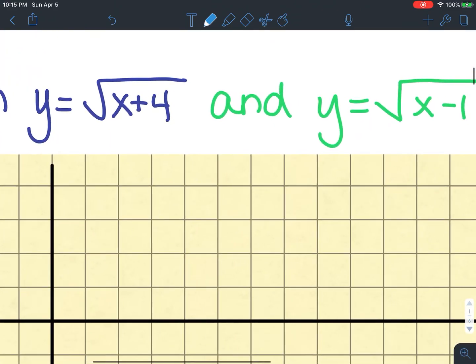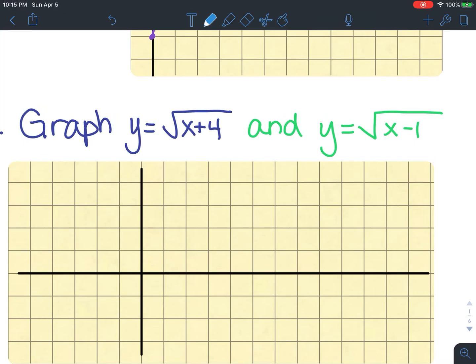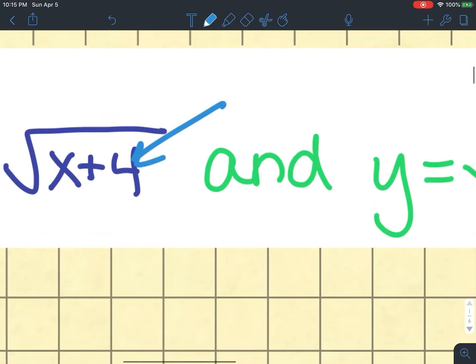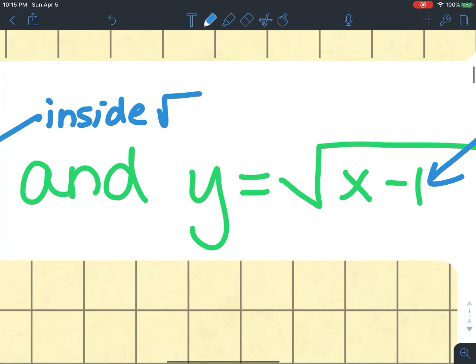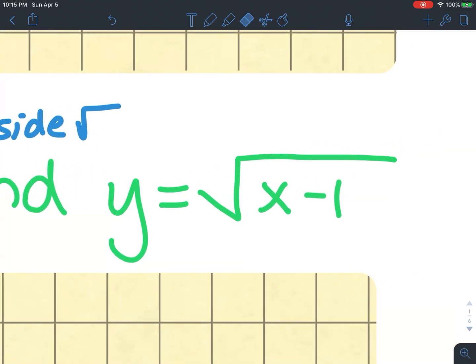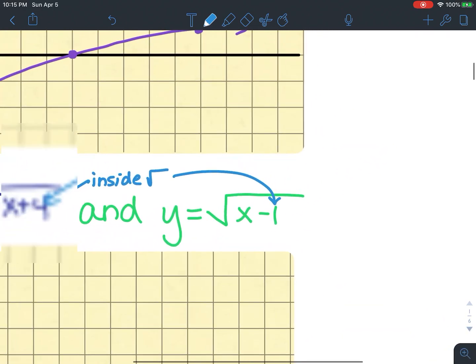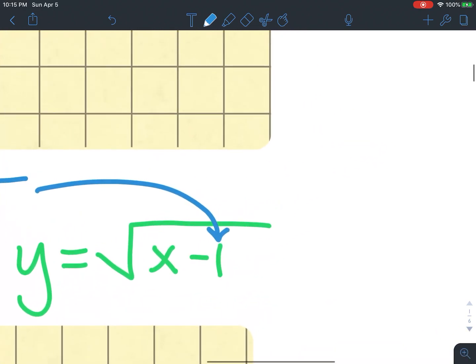Okay. When we come down to these next two, notice that these changes here are inside the root sign. And so these are going to be horizontal shifts.